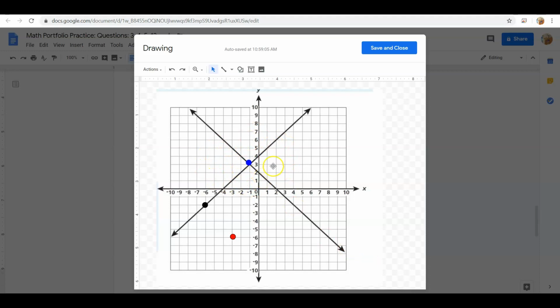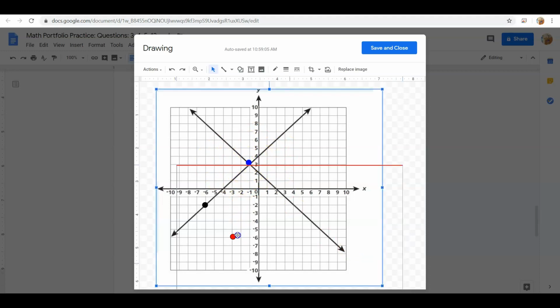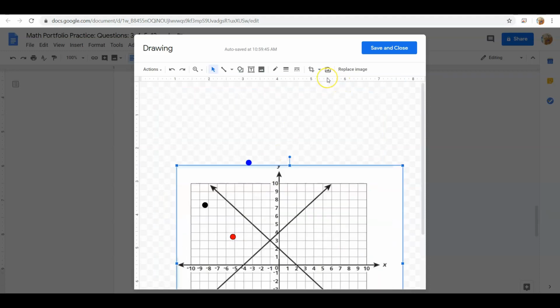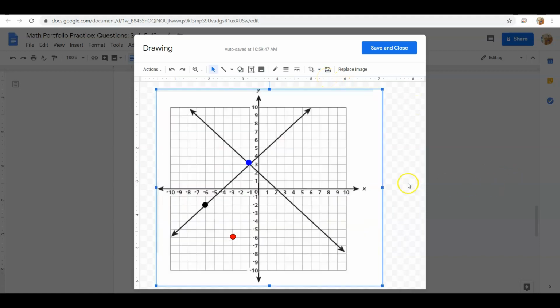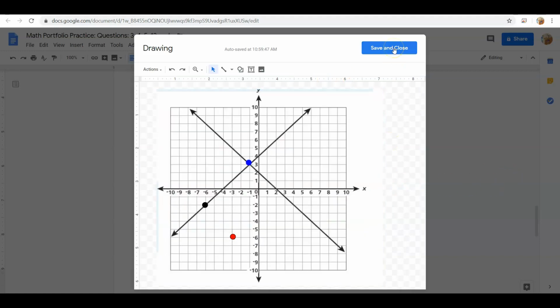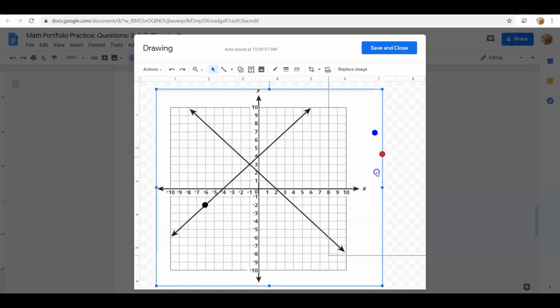It's a solution for the system of equations. And the red dot, or C, represents a point that is not a solution to either of those. So what I'm going to do now is bring these points back out for you guys to practice on your own.